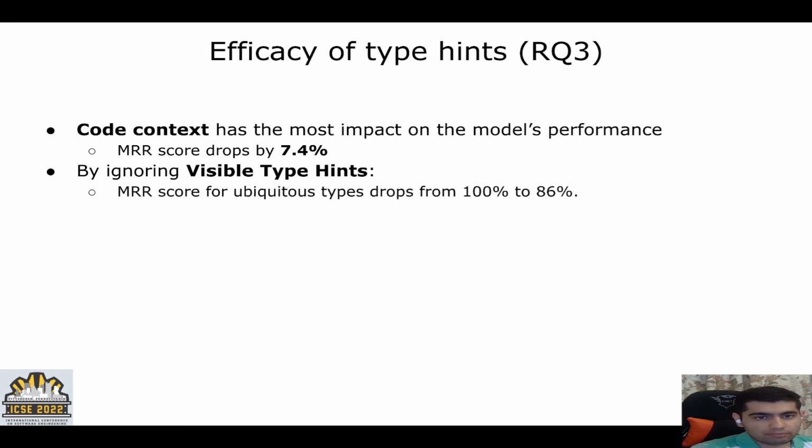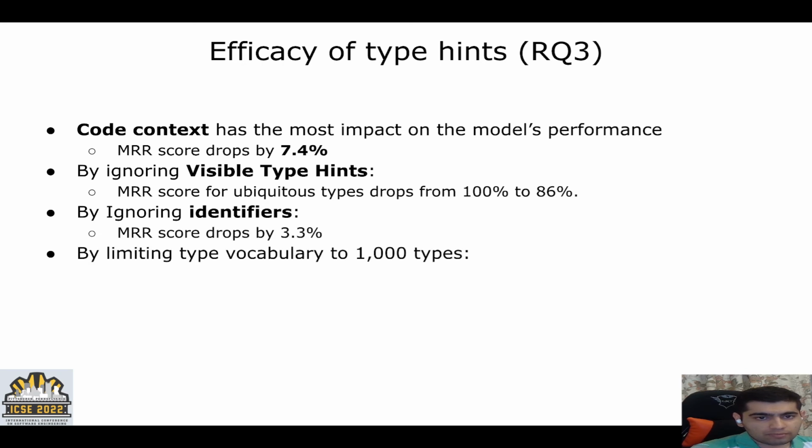Also, identifiers have a positive impact on the performance of the Type4Py model, and also by limiting the type vocabulary to 1,000 types, the MRR score of rare types drops significantly by 7.2%.